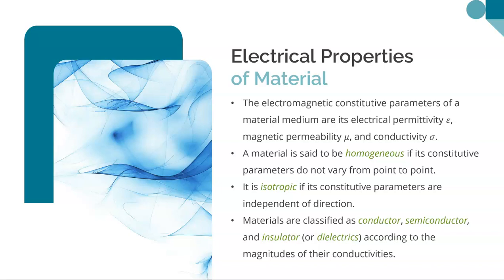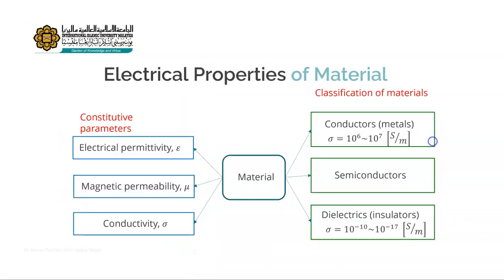So materials can be classified as conductor, semiconductor, or insulator. Here you have the constitutive parameters: the electrical permittivity, which is represented by epsilon, magnetic permeability, which is represented by mu, and finally conductivity, which is represented by sigma.